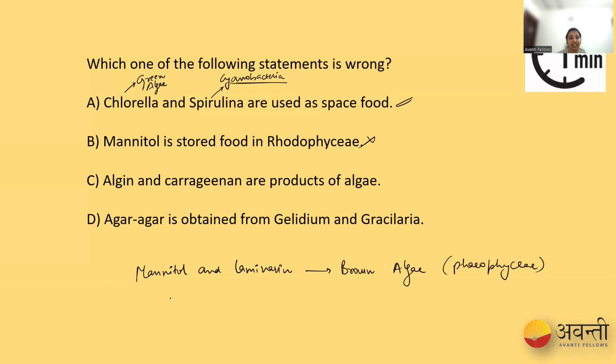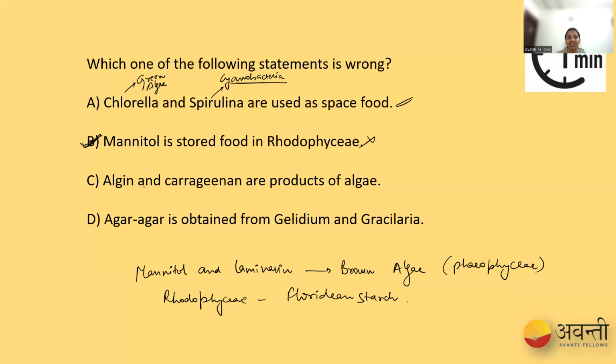But in case of the red algae, which is known as rhodophyceae, the reserve food material is the floridean starch. So option B is incorrect, and the question is asking which one of the following statement is wrong. So option B is correct with respect to the question.